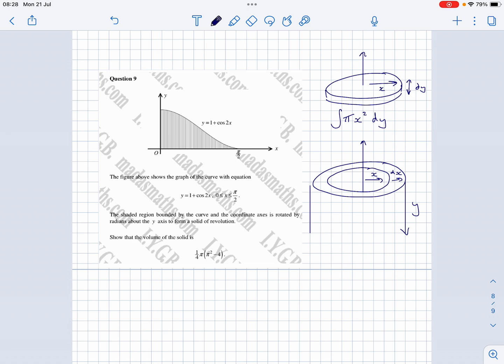But in this question, that becomes quite problematic because if we've got this function, I'm going to have to rearrange this to make x the subject and then square it. So I'll get a squared inverse cosine, which is really, really tough to integrate.